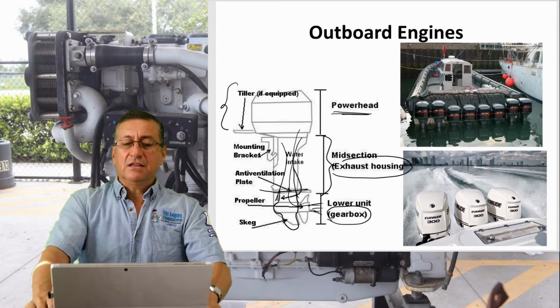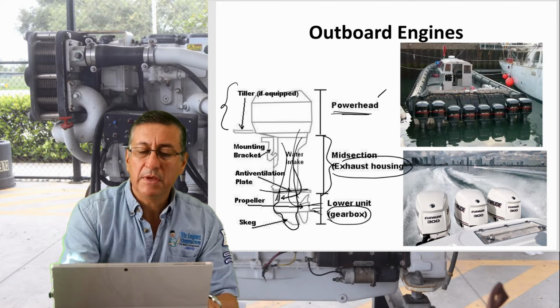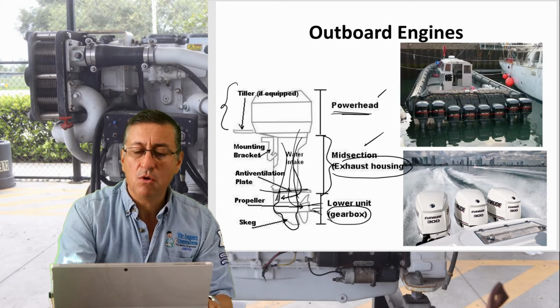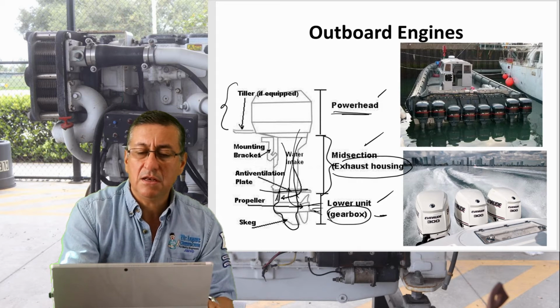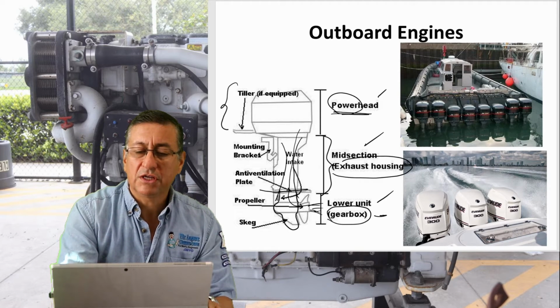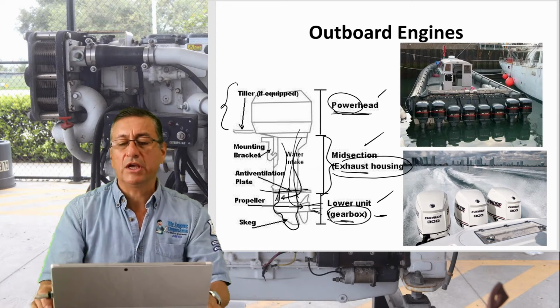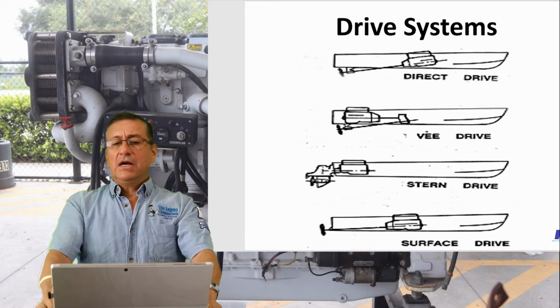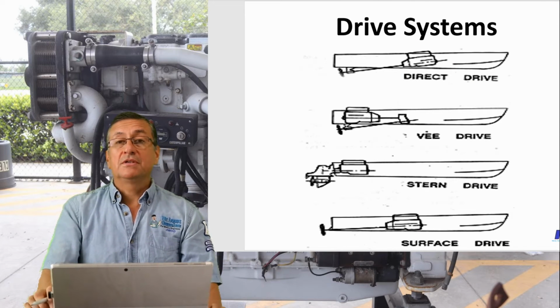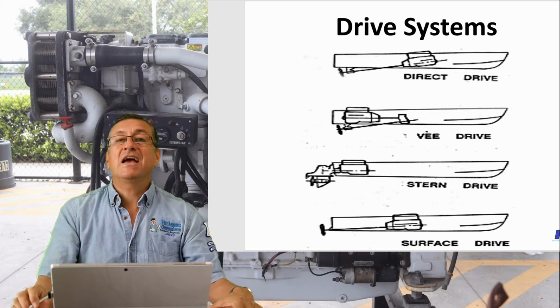The outboards are divided in power head on top, midsection or exhaust, and lower unit or gearbox. Don't forget, the power head is the engine, the middle section is the exhaust, and the lower unit is the transmission or gearbox. Those are the most common types of drive systems.